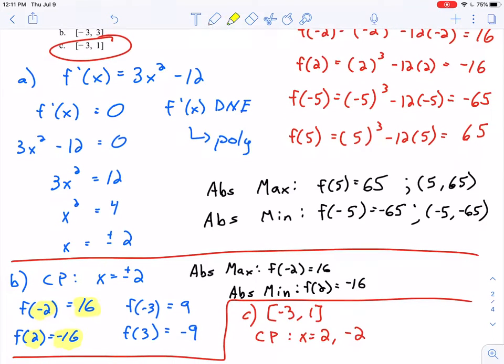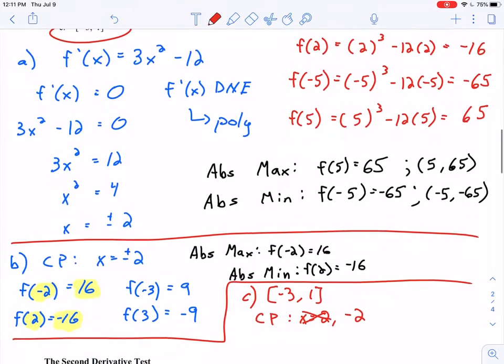Look at our interval, negative 3 to positive 1. What's the problem here? I'm only counting x values between negative 3 and positive 1. x equals 2 is not between negative 3 and positive 1, which means for the purposes of this problem, I'm basically going to pretend like it's not a critical point.